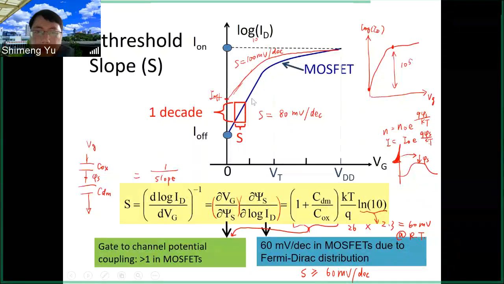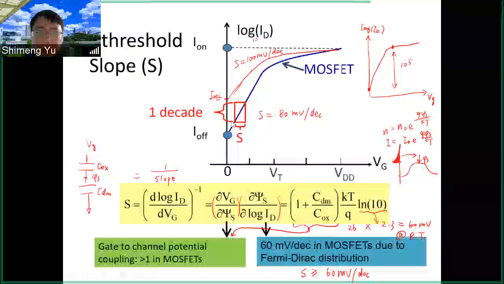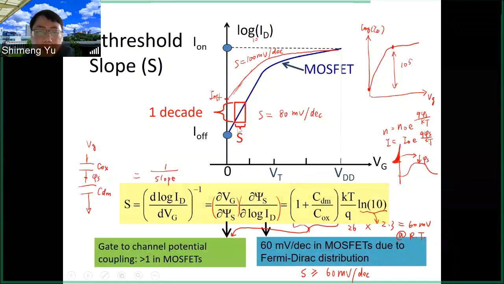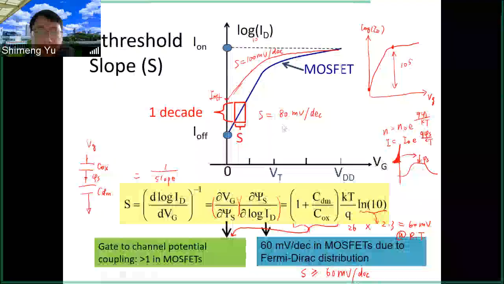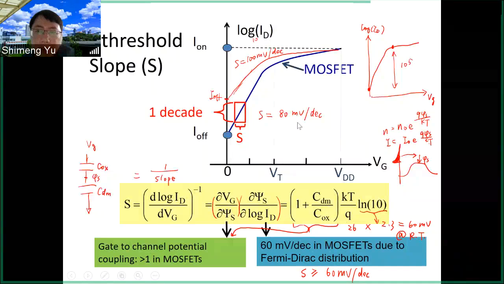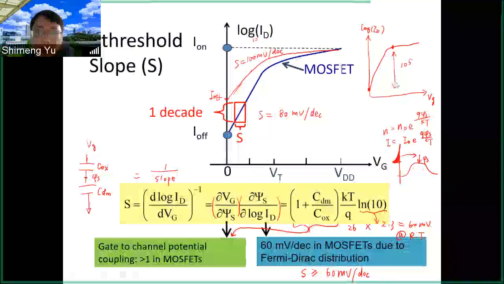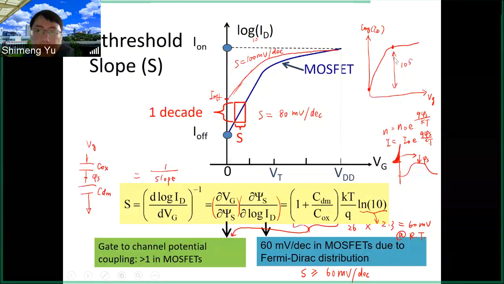So think about this slope. This slope tells you if you want to reduce the current by 1 decade, you need to reduce the voltage by S millivolts. And the best you can do is 60 millivolts. And here you want 10 to the power 5 on-off ratio. That means 5 decades.